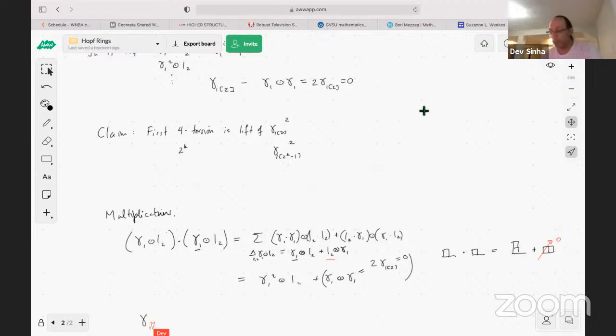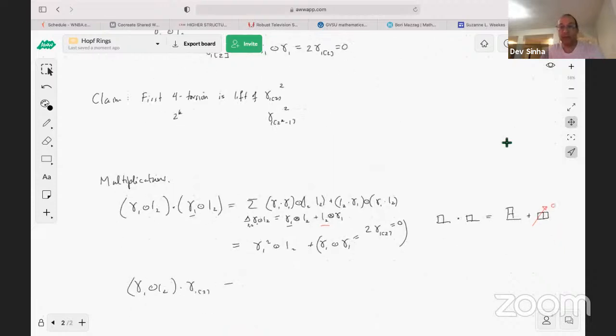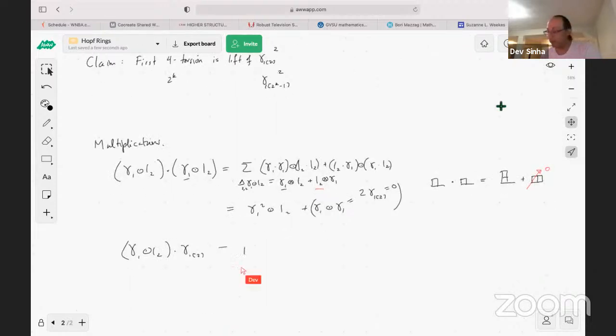Let's try another one. Gamma 1 transfer 1, 2 times this second divided power. And I'm going to start using graphical notation, because now you'll see the power of that. So it's this times this.